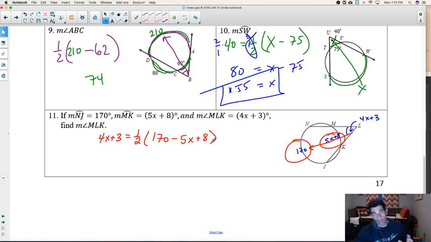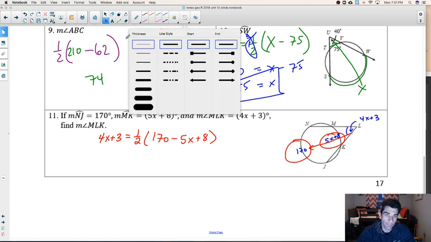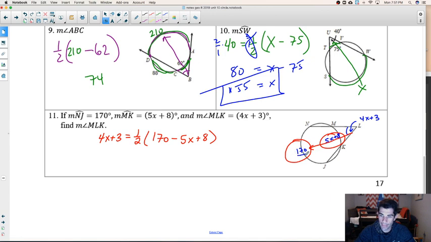Now, you can't leave it like I just wrote it like that. 5x plus 8 is a number. Okay, 5x plus 8 is some single number. So if I was doing this question, I would be doing 170 minus whatever that single number is. But in this case, they expressed that as 5x plus 8.